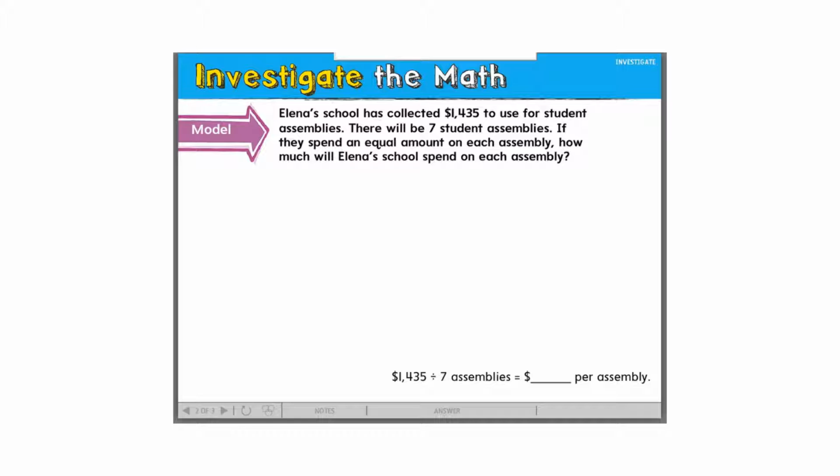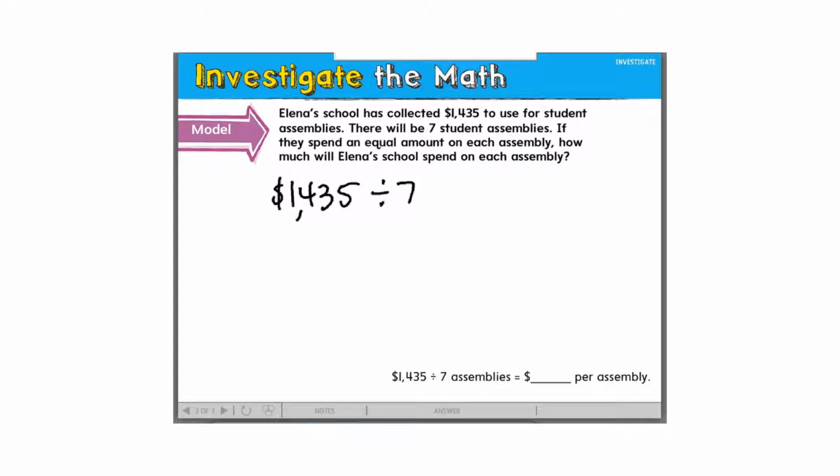If there will be 7 student assemblies, if they spend an equal amount on each one, how much will Elena's school spend on each assembly? So this is a division problem. Looks like you're going to be dividing 1,435 divided by 7. So see if you can figure that out on your whiteboard.